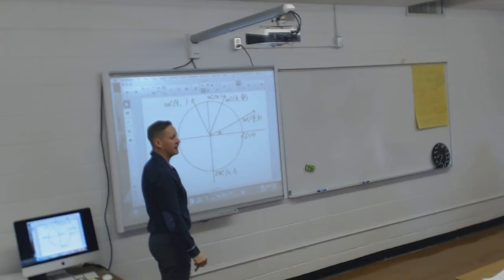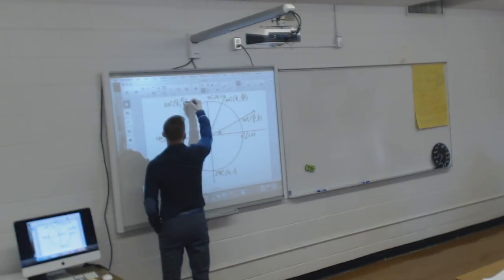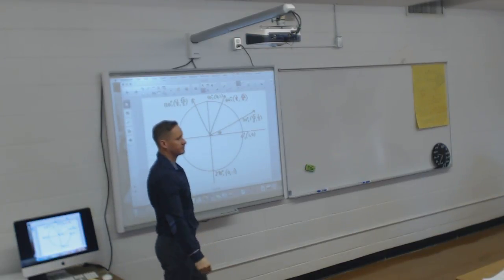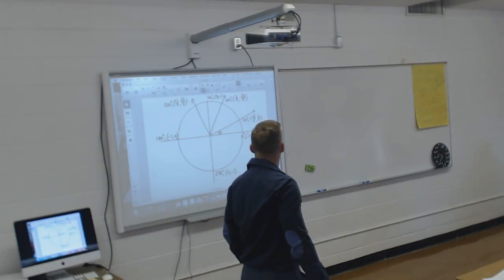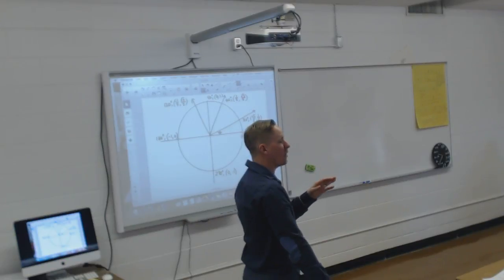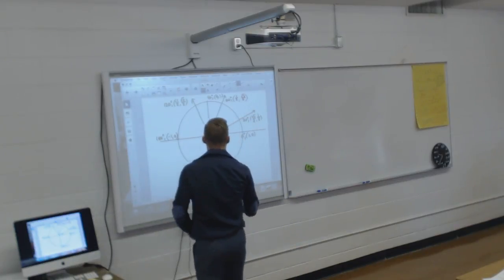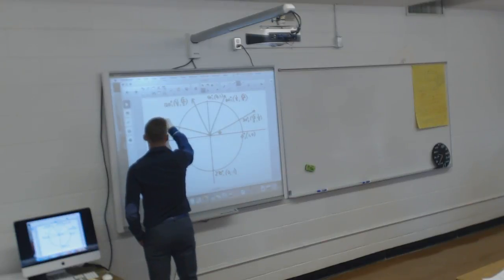What's the sine of 120? Square root 3 over 2. If the reference angles are the same, you're going to have the same ratios. The only difference, because of the quadrant, is you're going to have different negatives and positives. So now we go down to 150 degrees.